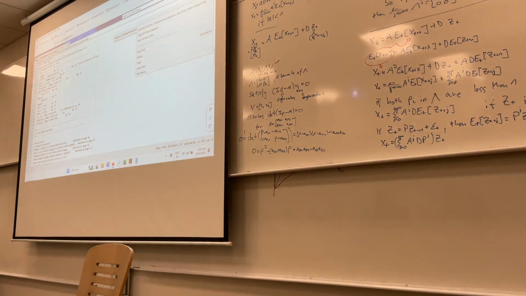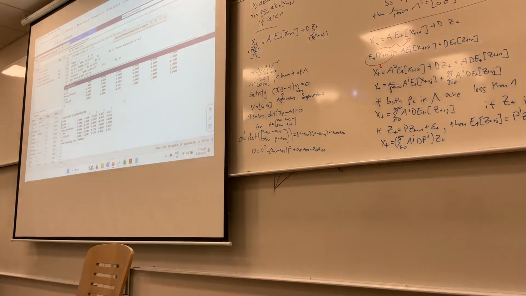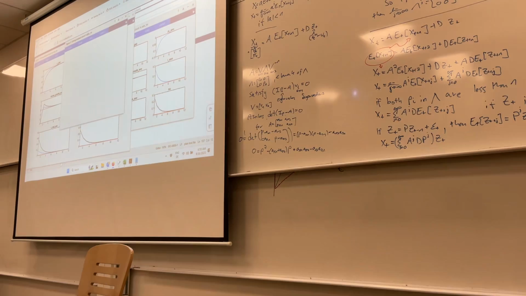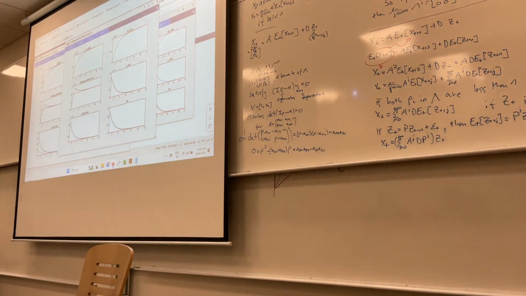What's then going to happen? This is my figure 3. Monetary policy is able to completely stabilize this shock.